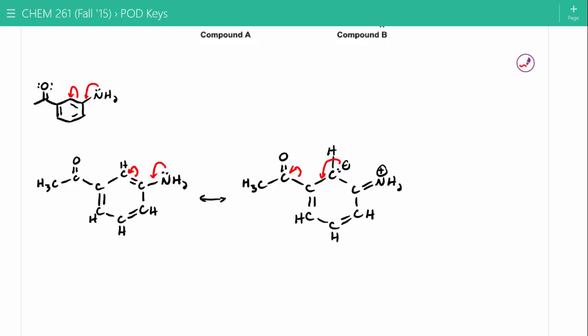It breaks the sigma bond. We cannot break a sigma bond. So in that case, we can't have that as a resonance structure. But what we can do is break this pi bond and dump it onto that carbon atom. Does that make sense? So this negative charge is getting delocalized all the way around the ring.